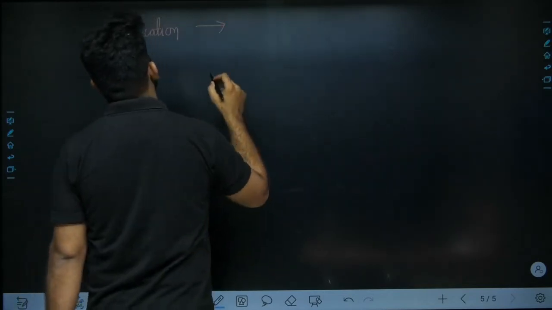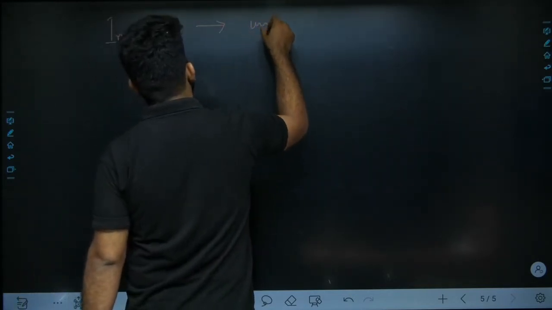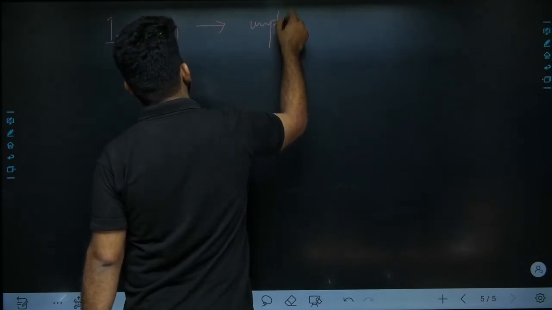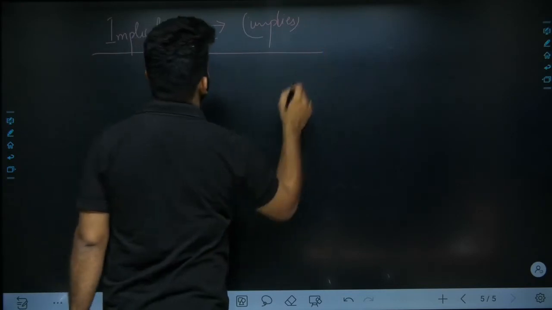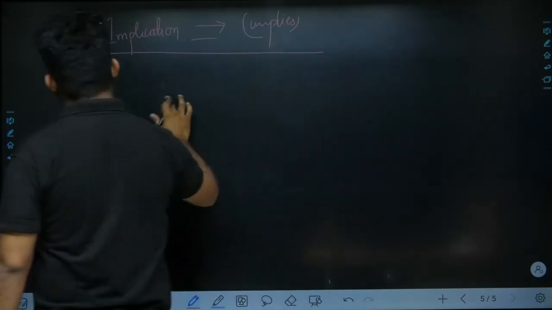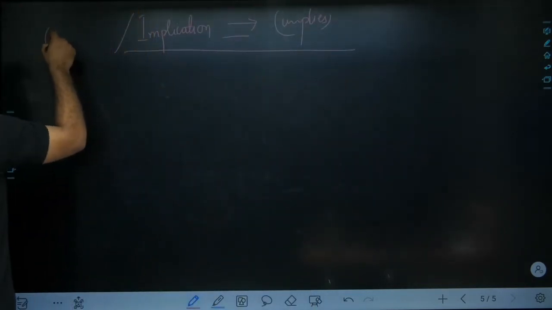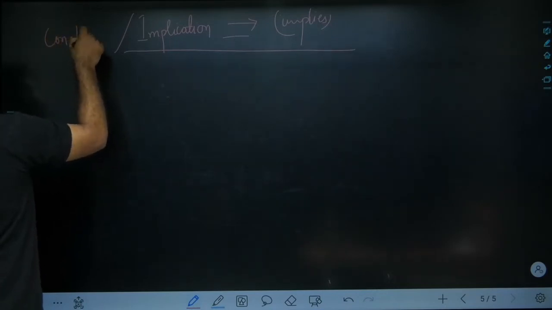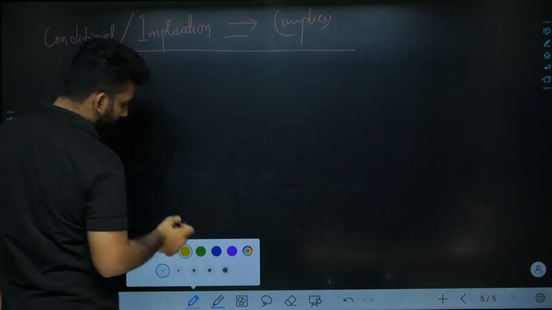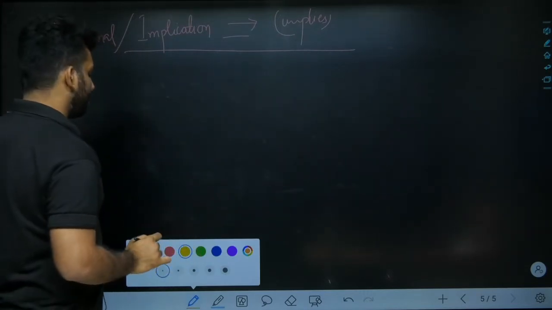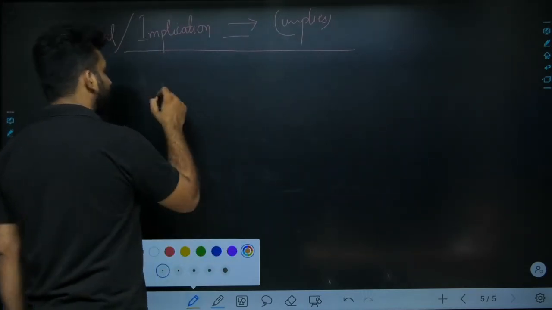Okay, we also say it implies. What implies? We'll have a look at everything. Okay, or we call it conditional as well. Conditional. Let me write simple sentences to make you understand. Okay.